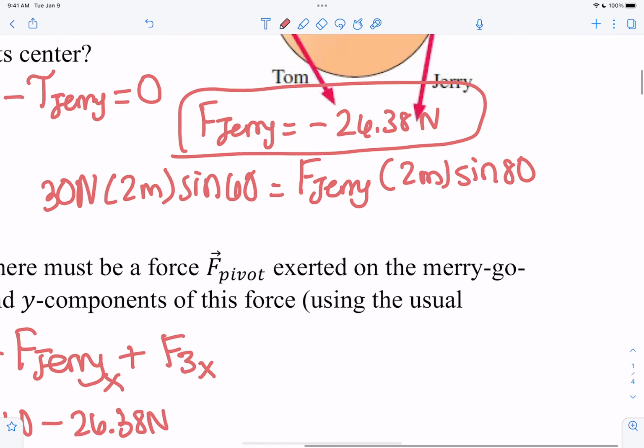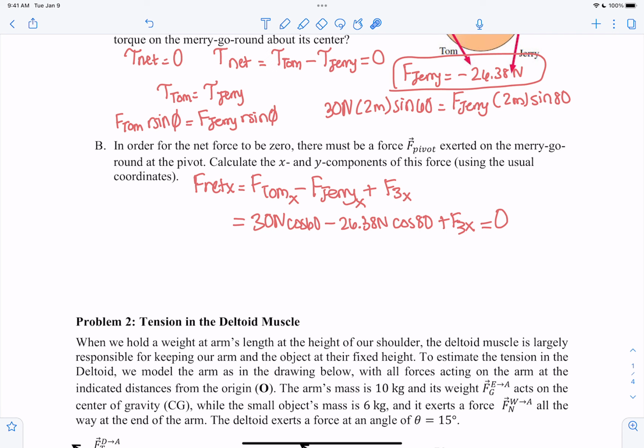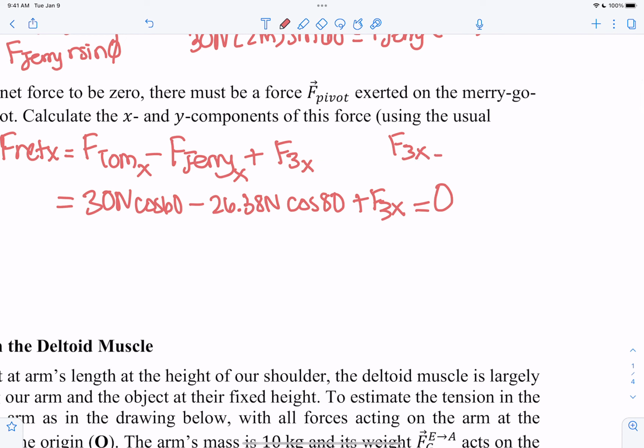So this should be cosine 80, right? And then plus F3x. There we go. And that's equal to 0. So yeah, you find out the components. My bad. I just went ahead and calculated using the overall forces instead of the x components. But yeah, that now should give you an F3x of around negative 10.4. Does that make sense so far?